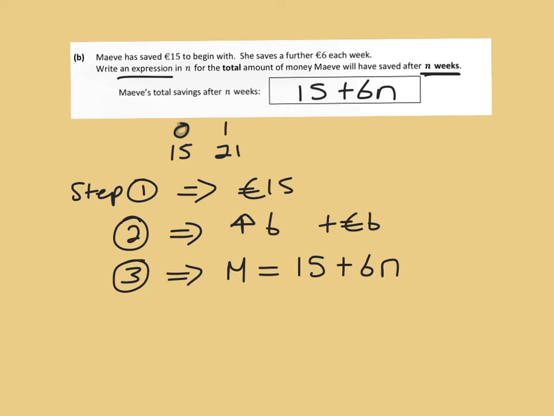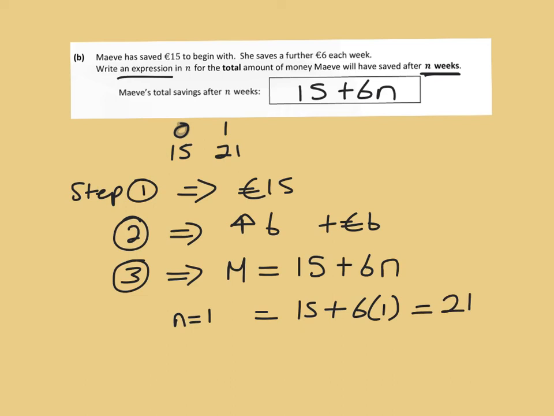So for example, I found out that after the first week, Maeve would have €21. So if I pop that in as N is equal to 1, I should get 15 plus 6 by 1, which will give me 21.